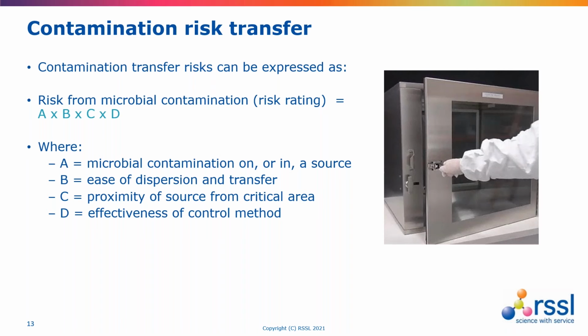Then we need to account for how close this is to the critical area. And then what is our control method? So this could be flushing things with grade A air supply in a transfer hatch, or it could be the application of a detergent and a disinfectant. And this kind of approach also helps us to inform our environmental monitoring strategy as well, because it can help us to pinpoint those areas where we need to orientate monitoring.